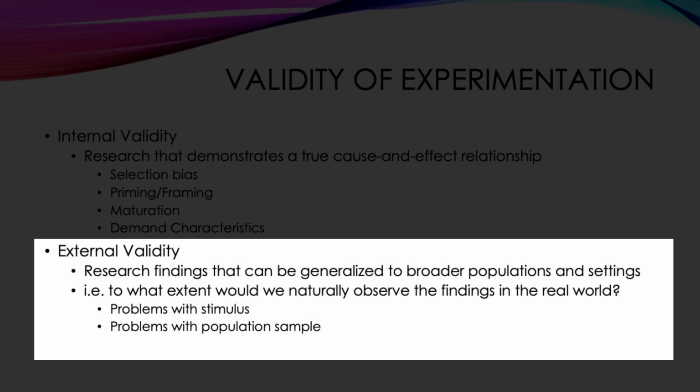But with internal validity, just remember we're focused on the extent to which we are truly measuring the relationship among our observations, and external validity refers to the extent to which we can take our findings from our group of observations and expand that to the entire population, right?